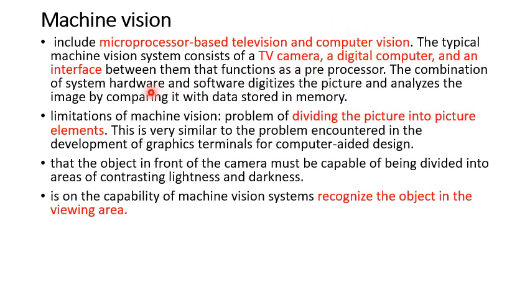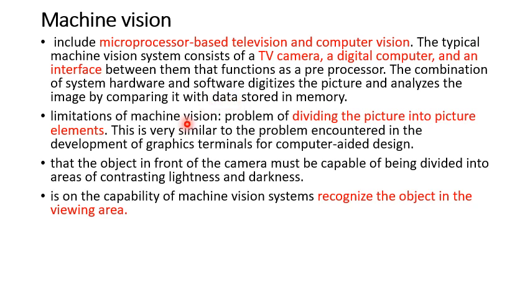The combination of system hardware and software digitizes the picture and analyzes the image by comparing it with the data stored in the memory. Whatever data is stored in memory, or we can say the standard geometrical aspect, the pictures taken are analyzed against the stored one.